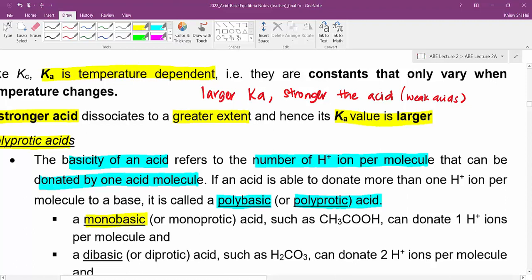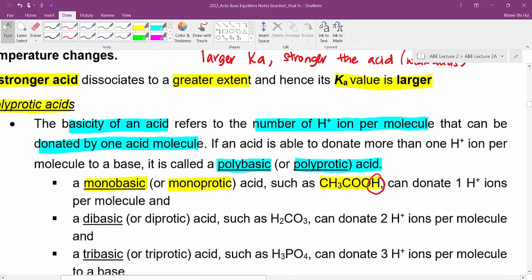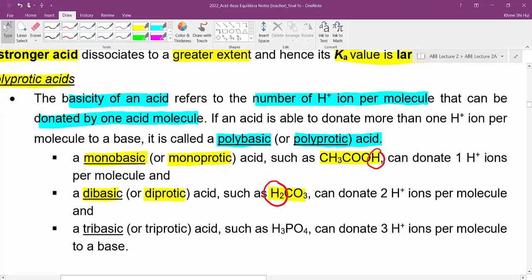For instance, a monobasic acid or monoprotic acid, such as ethanoic acid, can only donate one H+, whereas a dibasic acid or a diprotic acid, such as H2CO3, can now donate two H+. A tribasic acid or a triprotic acid, such as H3PO4, can now donate 3 H+.